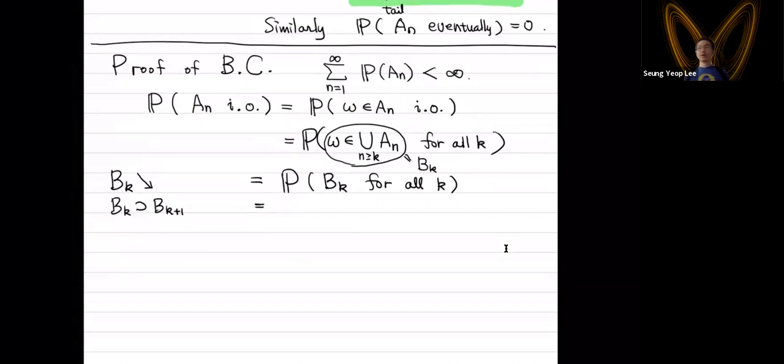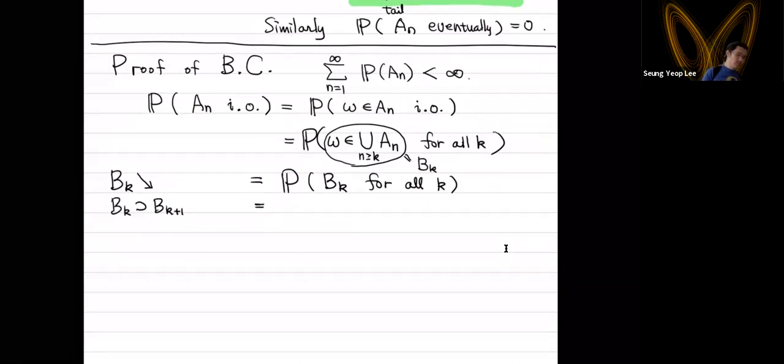But B_k is shrinking, and for such a shrinking set, this event, the intersection of B_k for all k, belongs to B_1, B_2, B_3, all the way to B_k for arbitrarily large k.